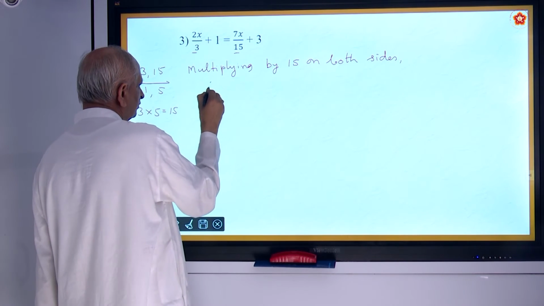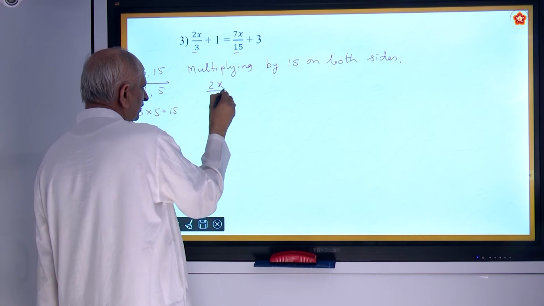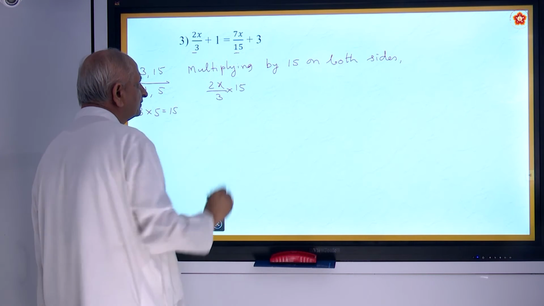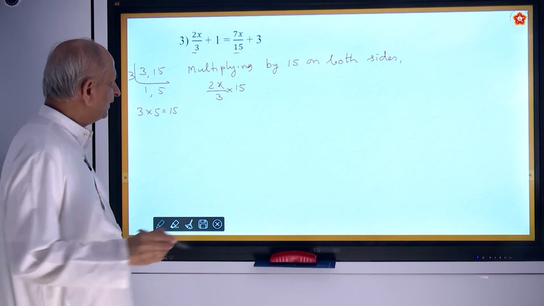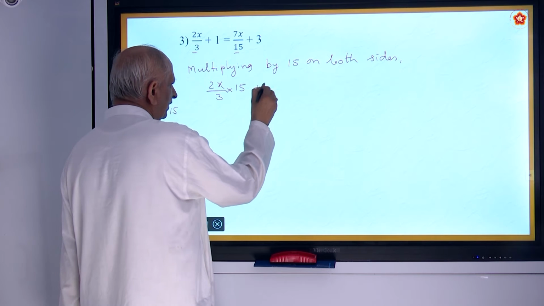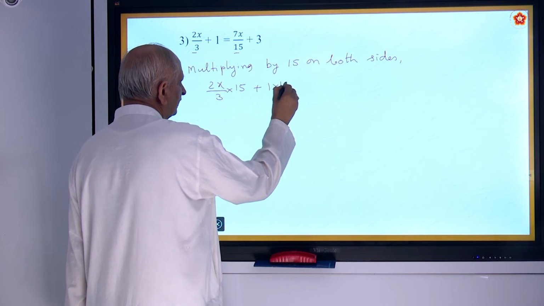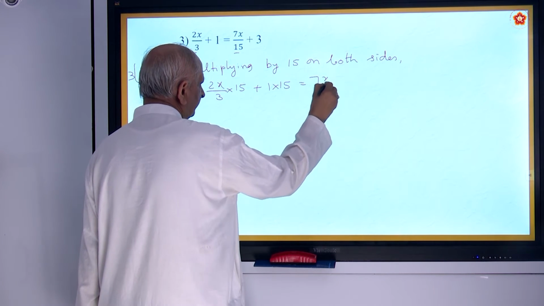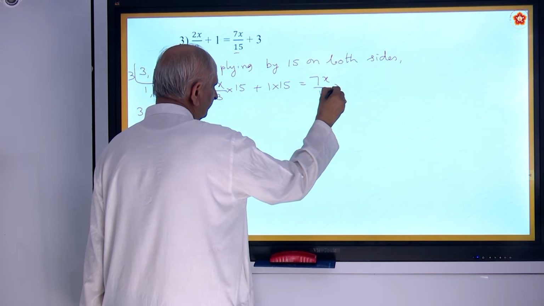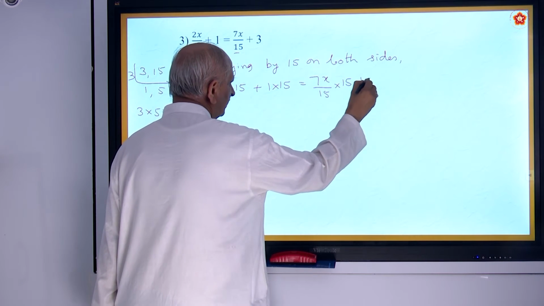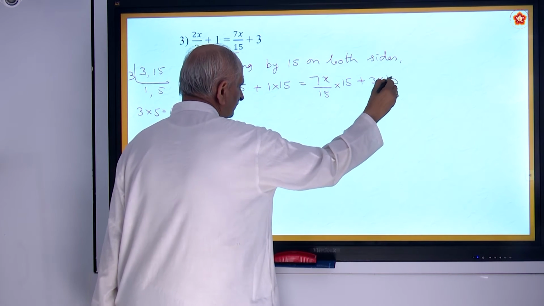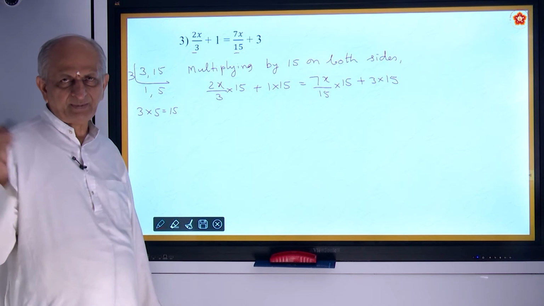So, what do you get? 2x by 3 into 15, correct? Every term you have to multiply. Plus 1 into 15 is equal to 7x by 15 into 15 plus 3 into 15. Note it correctly. Every term multiplied by 15.